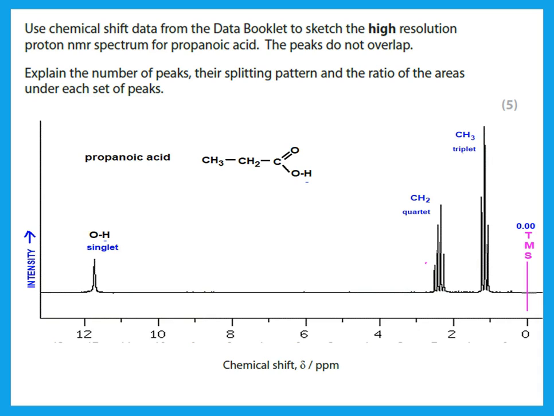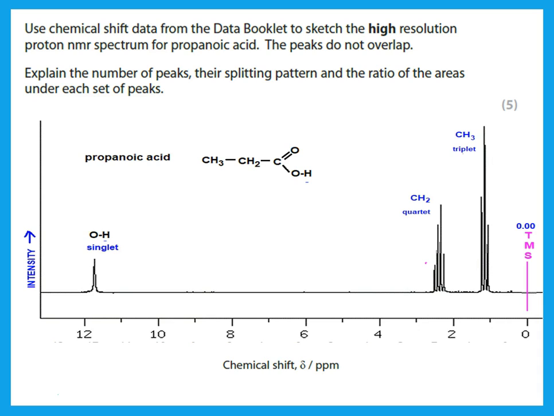One for the OH, and we said the one for the OH is usually to the left at around 11, 12. You can go back to the data booklet to determine the chemical shift for the OH of an acid. And then the CH2 and the CH3 will be more to the right. The CH3 is usually to the right more than the CH2, which is nearer to the electronegative elements.